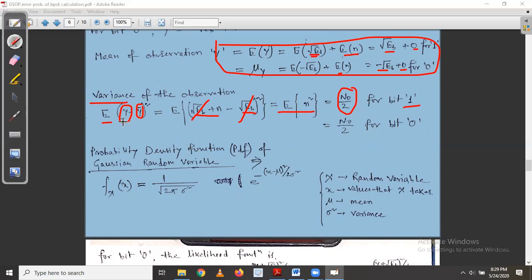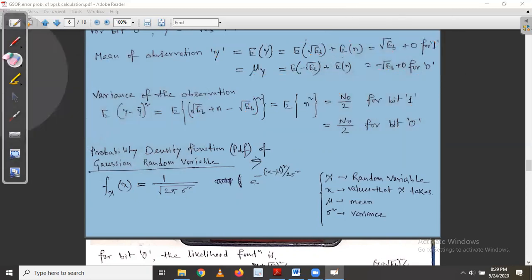Similarly, when bit 0 is transmitted, this Y, the observation, is minus root of EB plus n, minus the mean of Y. The mean of Y is minus root of EB, so it will be plus of this.